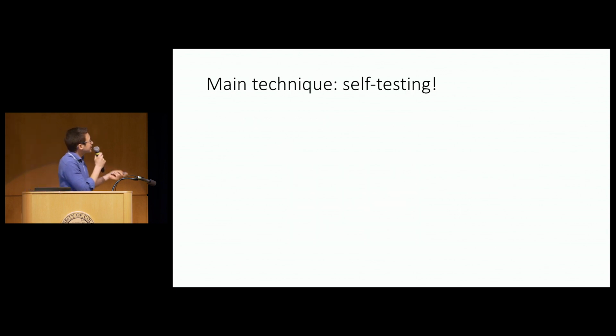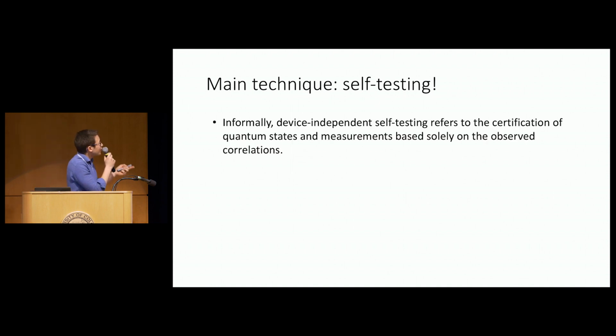And now on to the main technique, which is self-testing. You've already heard about self-testing a few times. Informally, device-independent self-testing refers to the certification of quantum states and measurements based solely on the observed correlations. We are in the same setup that I just described, with a classical verifier and two or more potentially untrusted provers that don't communicate.